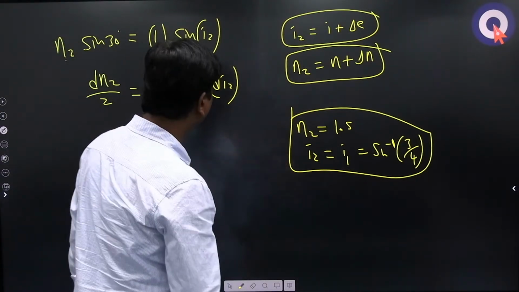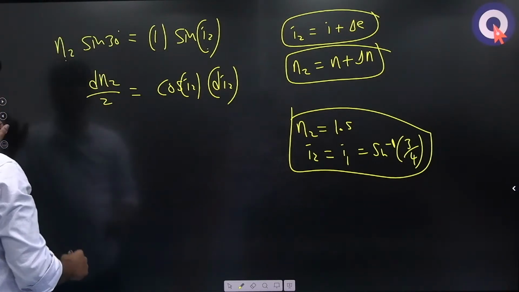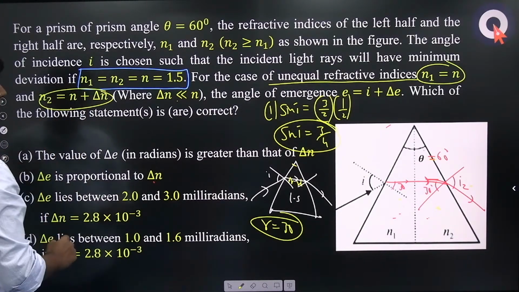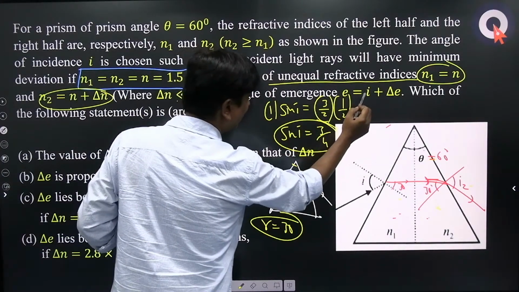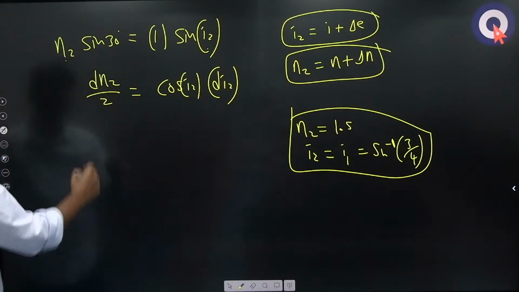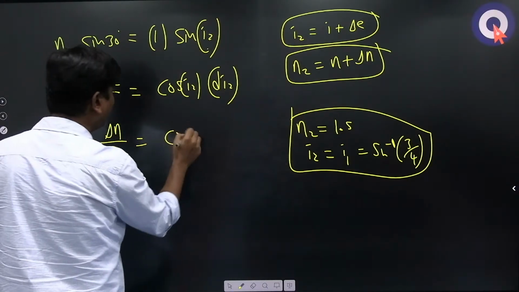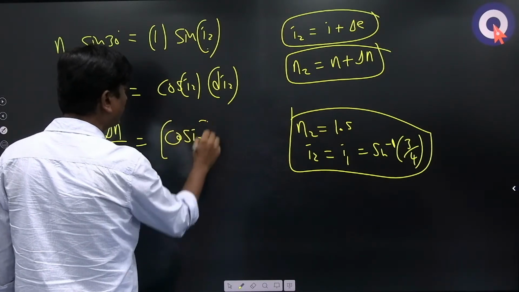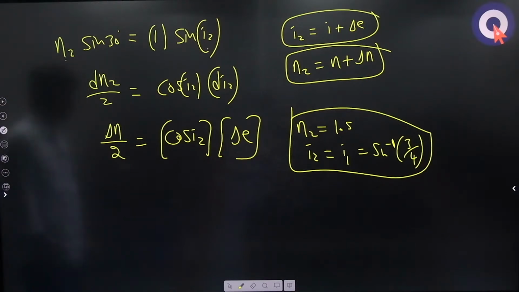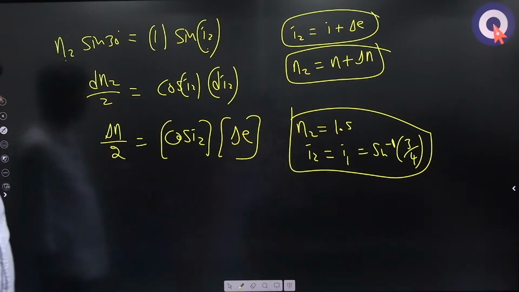So there is a change in I2, and the change in I2 is there because of the change in N2. What is the change in N2? The change in N2 is delta N, and the change in I2 is delta E. So this is delta N by 2 is equal to cos of I2 into delta E, the small change in the angle of emergence because of a small change in N. From this you can find out.